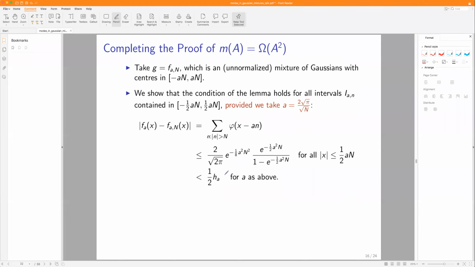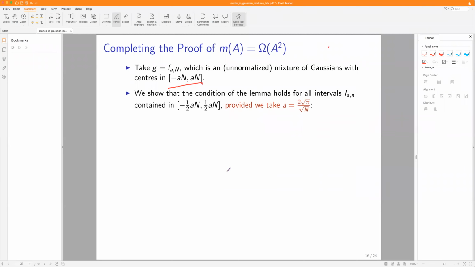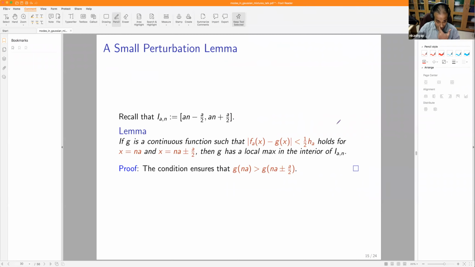Navin, could you please go back to the previous slide? Yeah, sure. So does it not seem to suggest that if the centers of the Gaussians are at n, an element of Z, then I will have local maxima at every an, and in between there is a dip, right?